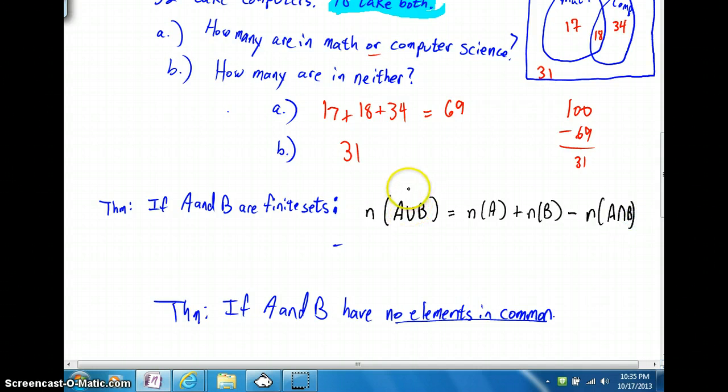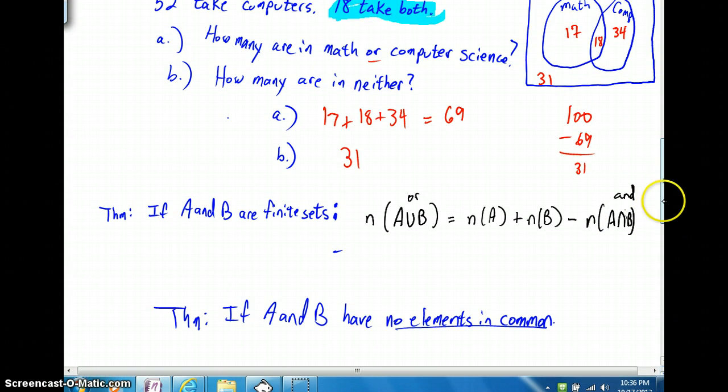So this union right here would be the word or. This intersection right here would be the word and. So what we're seeing is, of course, that if you want to find the number in set A or set B, add up everyone in set A, add up everyone in set B, but then we have to subtract where they intersect.